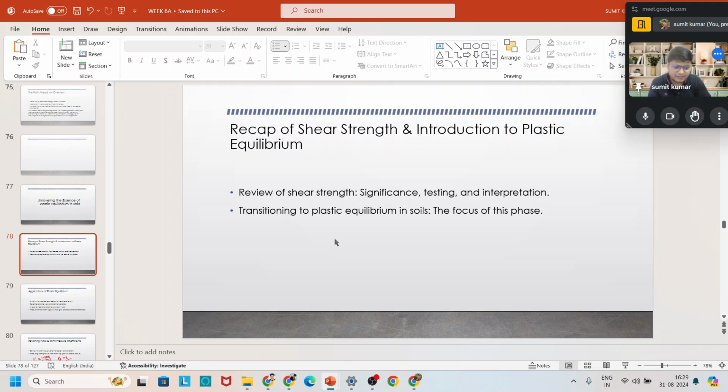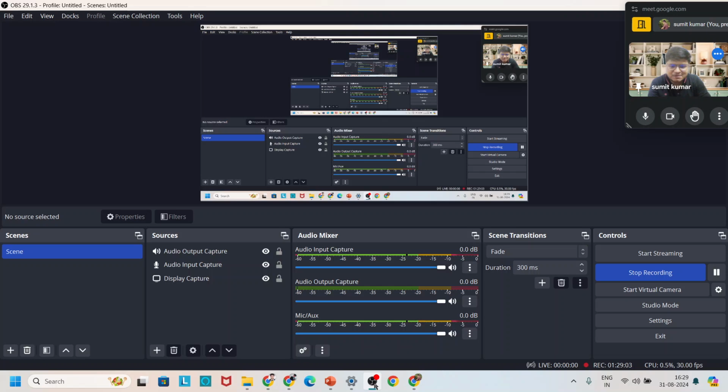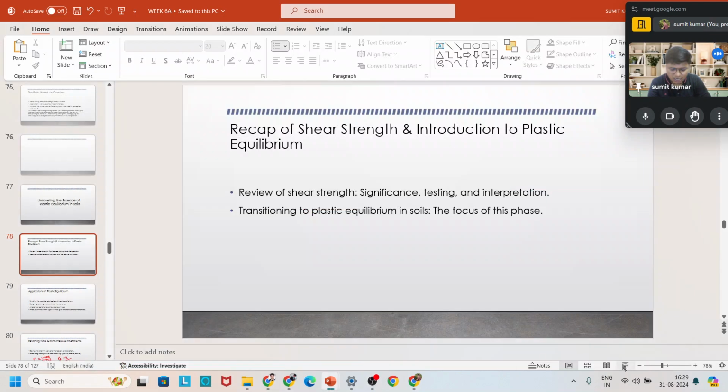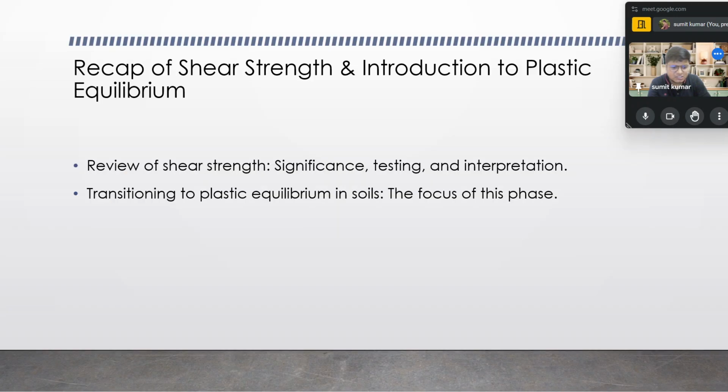So here we are going to signify one most important aspect: how much value of stress is applied in a specific condition to sustain a specific amount of load. When we go into those aspects, we talk about the significance, testing and interpretation of the shear strength and the transition of plastic equilibrium in the soil.